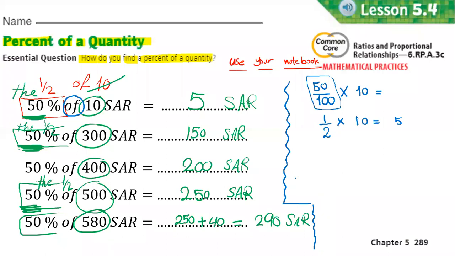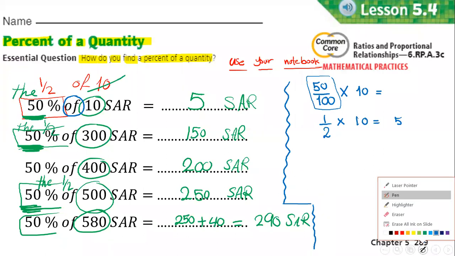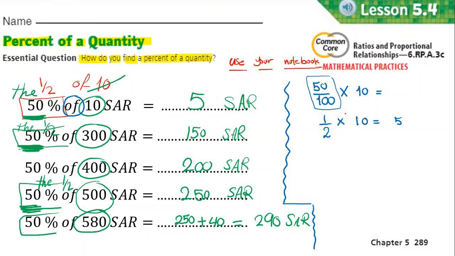Or you can simplify by using another way. We have studied this way. Can I cancel the 0 from up with the 0 from down?